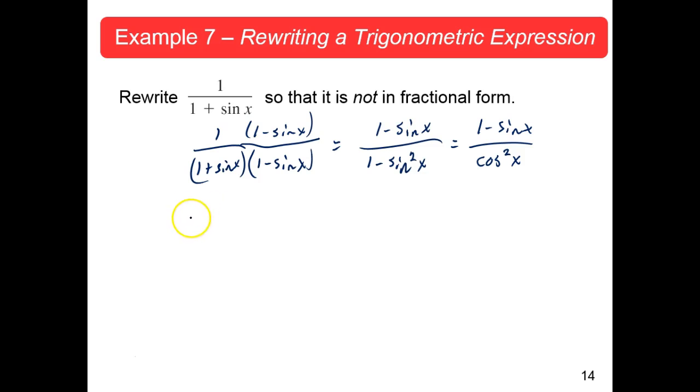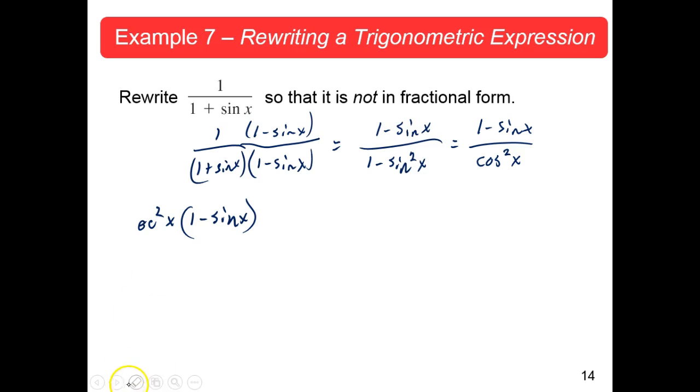So then you could write this as 1 minus sine x times secant squared x. It doesn't matter which side you put it on. You got rid of that denominator. Now that may not be the only way to do it, but that certainly was one way.